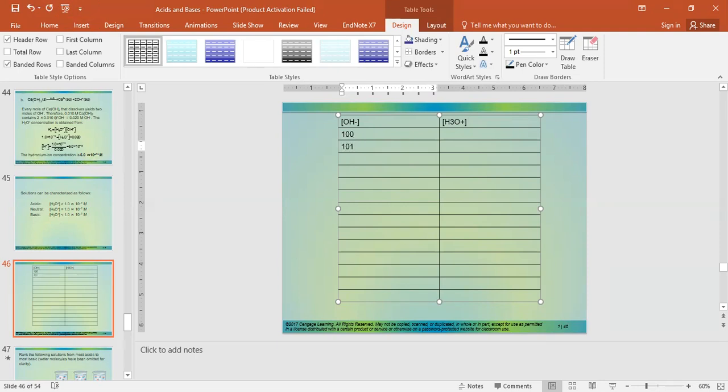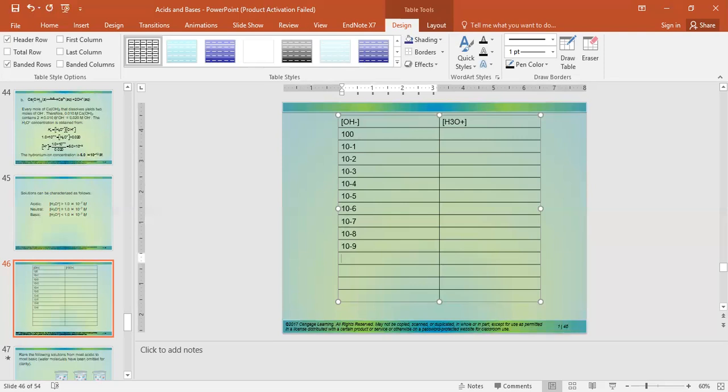10 to power 1, 10, this should be negative, sorry, 10 to power -1, 10 to power -2, 10 to power -3, 10 to power -4, 10 to power -5, 10 to power -6, 10 to power -7, sorry, 7, 10 to the power negative 8, 10 to the power negative 9.